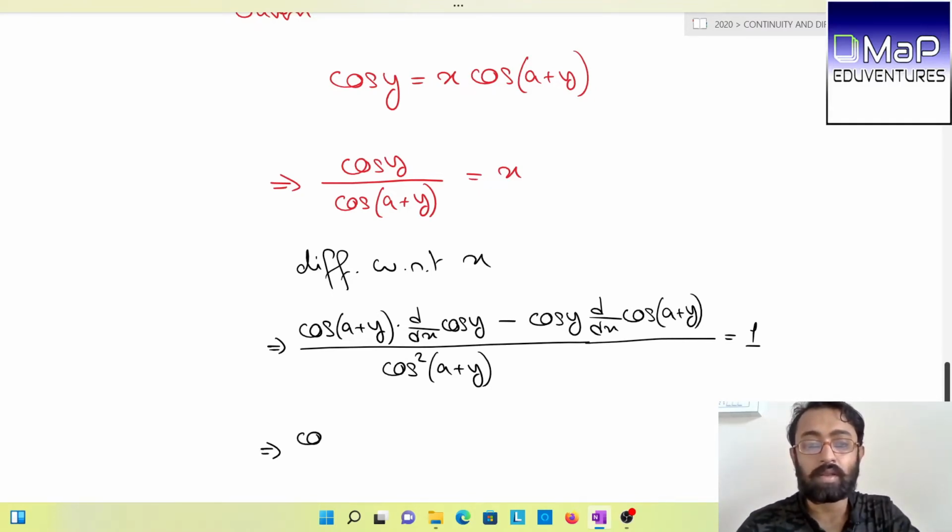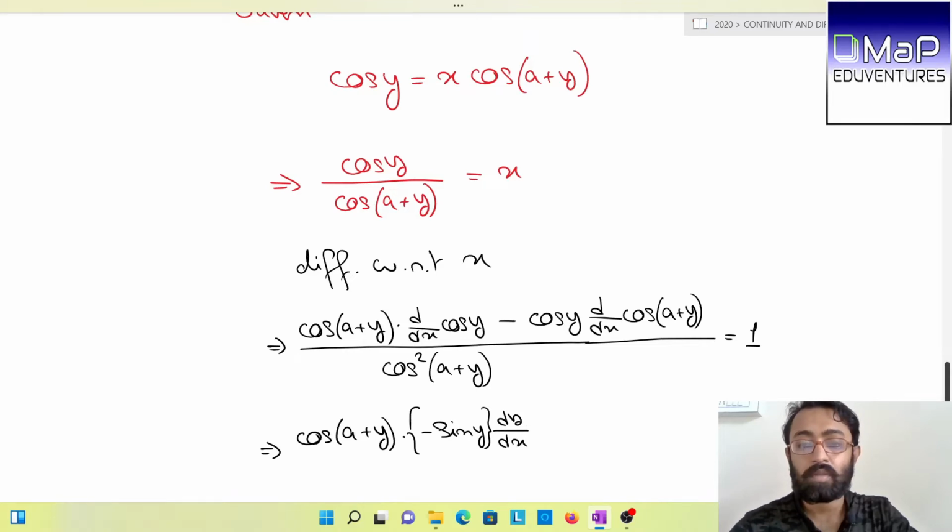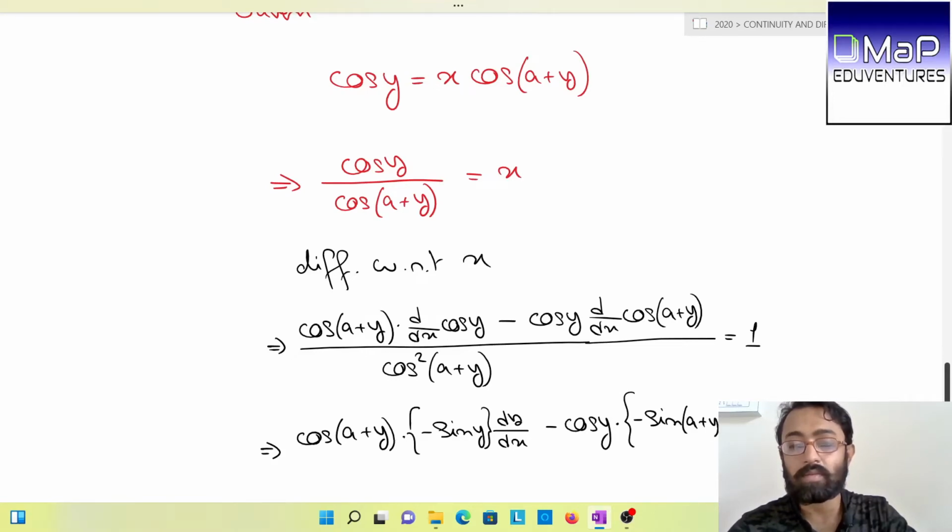Now let us see, ami yat ki pam, cos a plus y into ddx of cos y will give you minus sin y with a dy by dx, chain rule. Similarly, cos y into ddx of cos a plus y will give you minus sin of a plus y with a ddx of a plus y, chain rule.